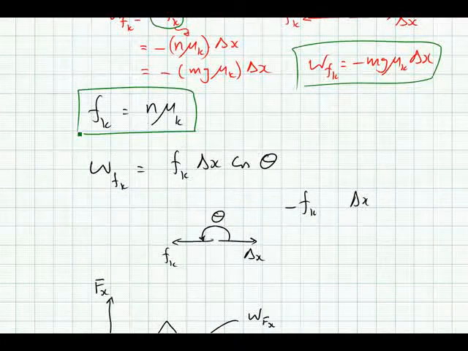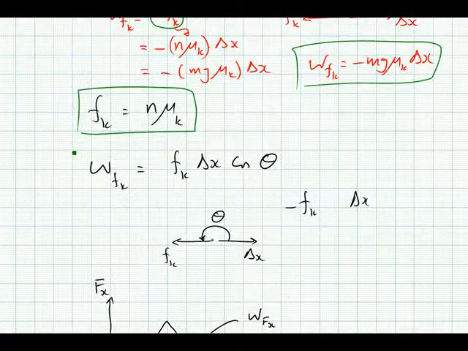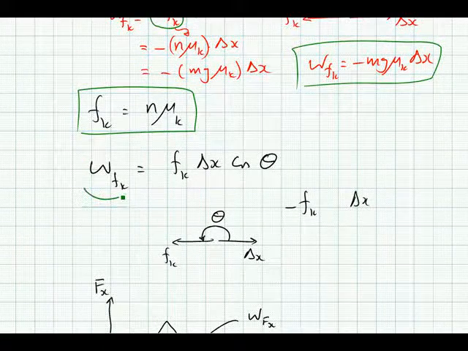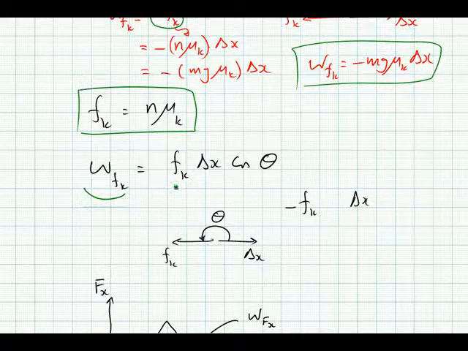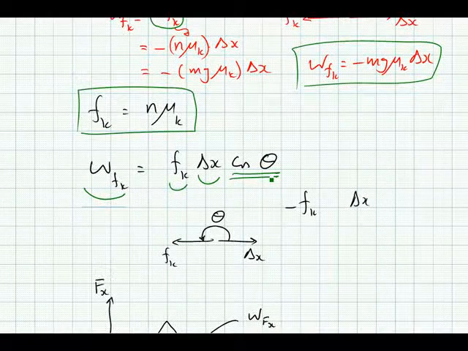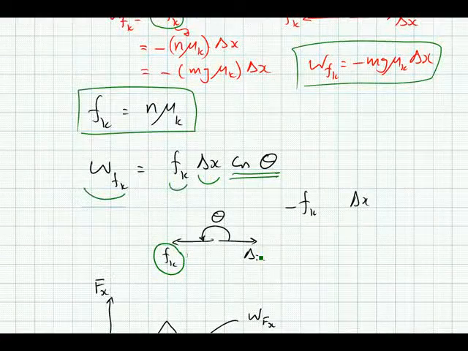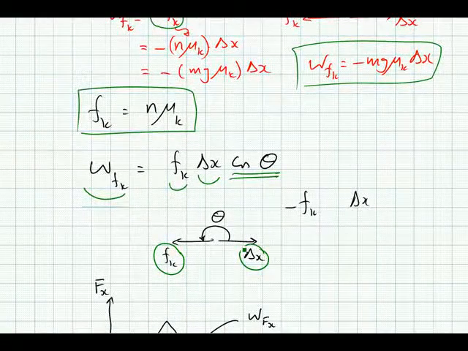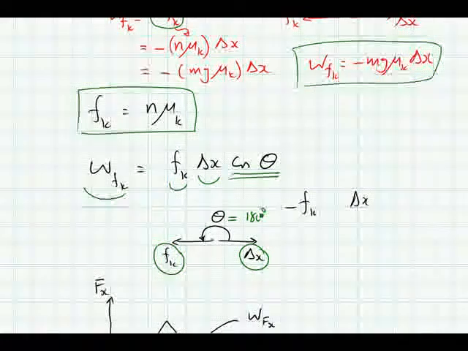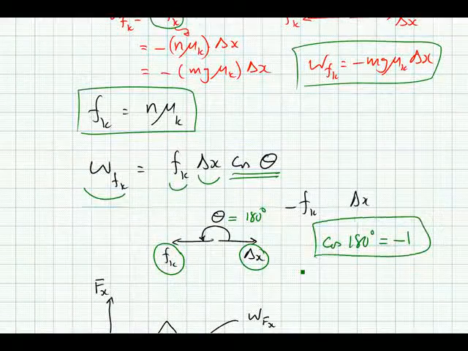So friction force, once again, is given by normal force times coefficient of kinetic friction. This is work done by kinetic friction force. So work done by kinetic friction force is simply the magnitude of friction force times the displacement and cosine of the angle between the friction force and displacement. But do remember that friction force is always in the opposite direction of displacement, which means that the angle theta is 180 degrees, and cosine of 180 degrees is equal to -1.